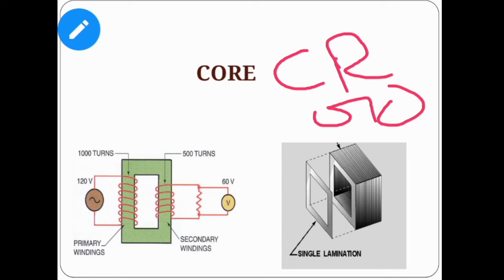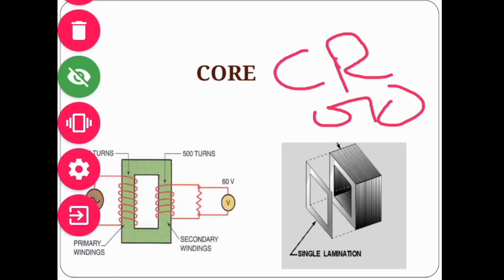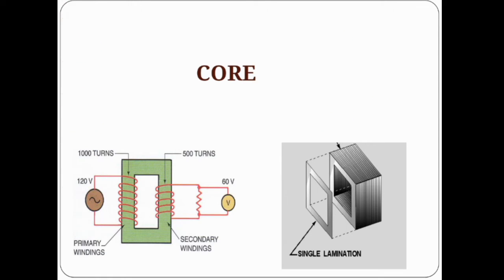It means cold rolled grain oriented steel, which is used for manufacturing the core, because it has a number of advantages compared to the others. So this is about the core construction.